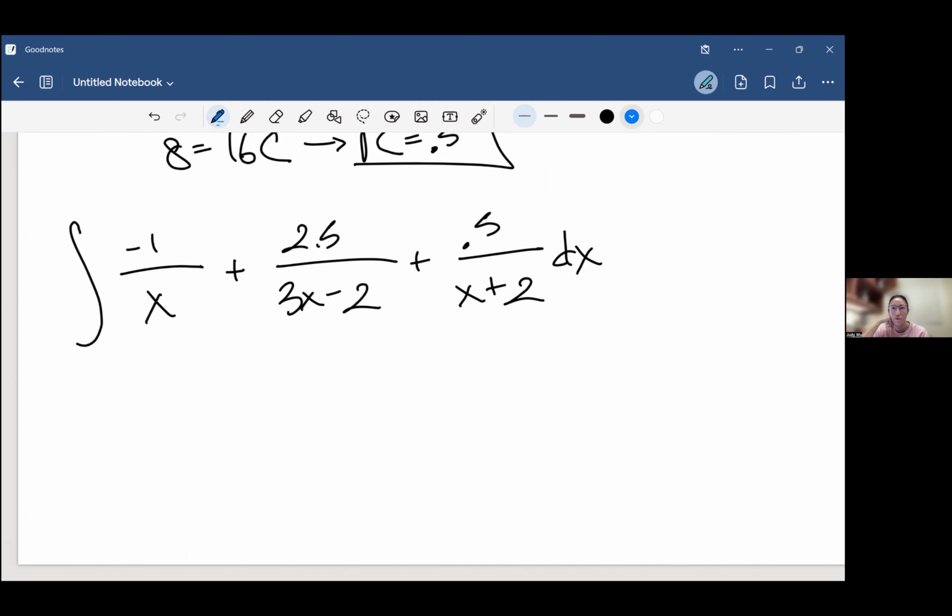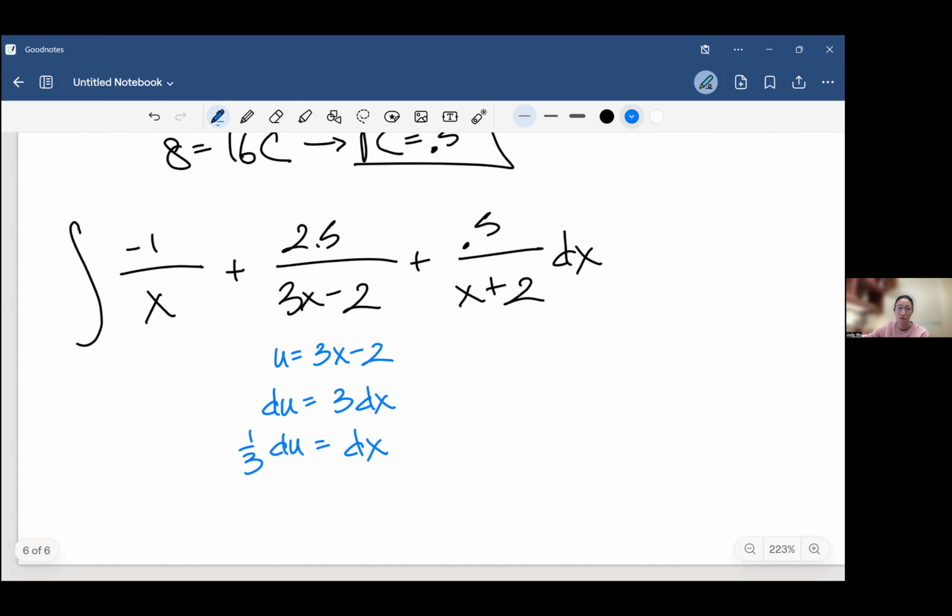So I really want to show you what I'm looking for you to write, okay? When I do this second integral, I need to do u sub. So I need to see you write out that you're going to do u sub, okay? So u equals 3x minus 2, du is 3 dx, and we're dividing the 1/3 over to the other side.